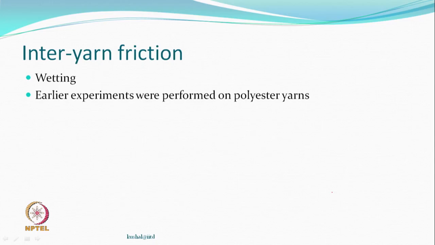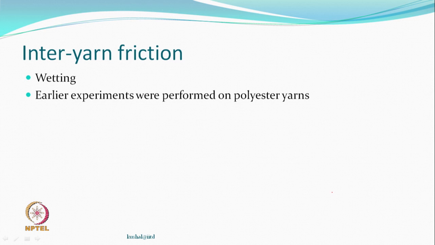People wanted to see what happens to inter-yarn friction when you apply water. So, the yarn gets wet, it has a certain layer of water film. A good number of researchers did some experiments.